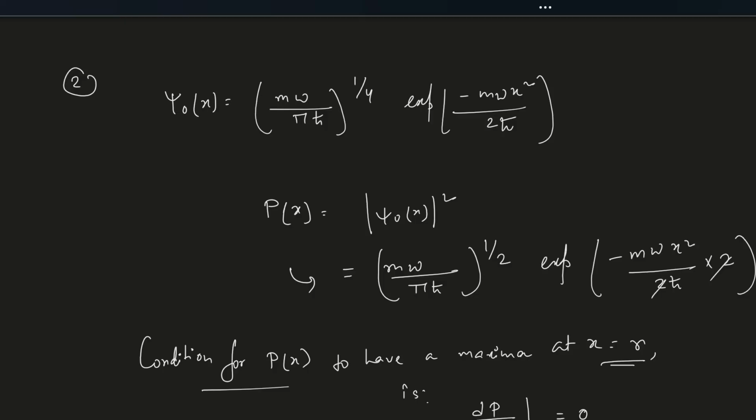So at x equal to r, dp by dx will have to be 0. But that is not sufficient, because that is a condition for both maxima and minima, that is a common condition.